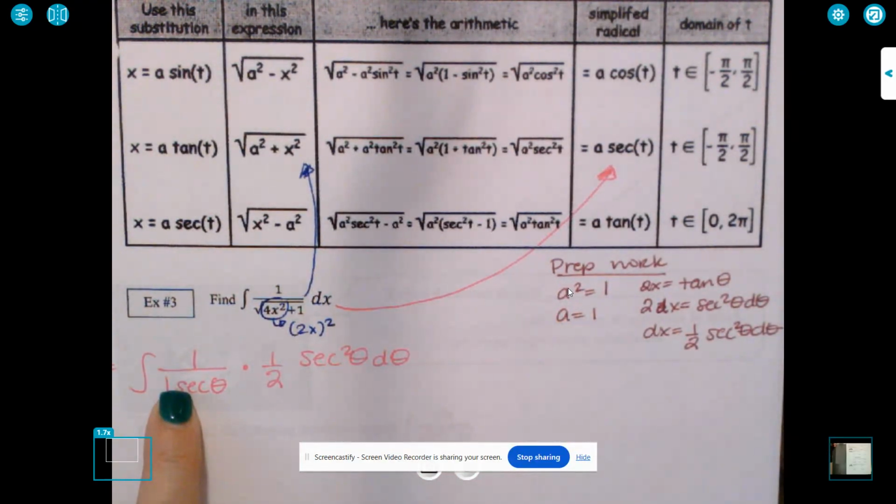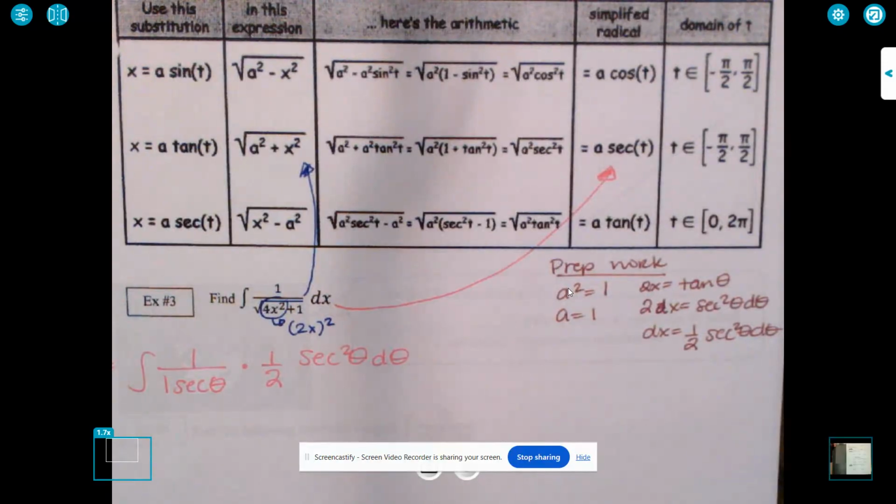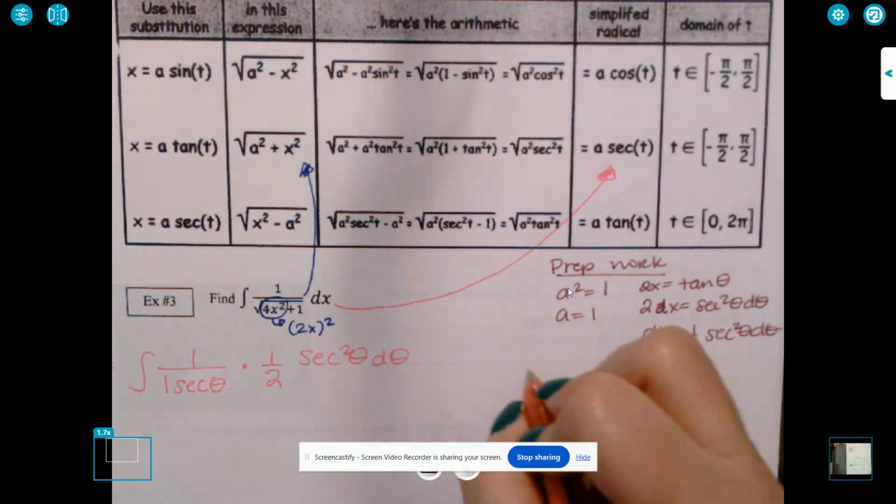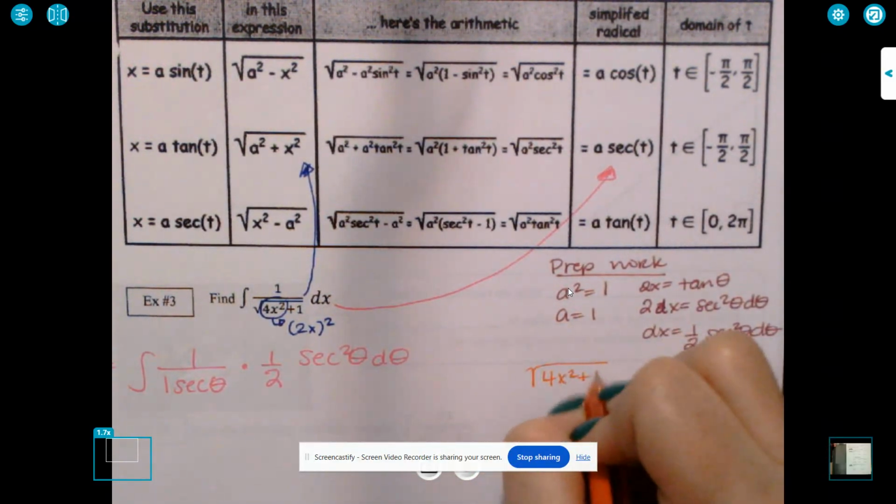All right, I'm going to do that math real quick over here just to make sure everybody's with me on that. Okay, so if I had the square root of 4x squared plus 1.